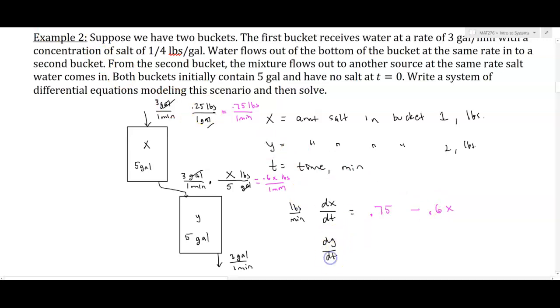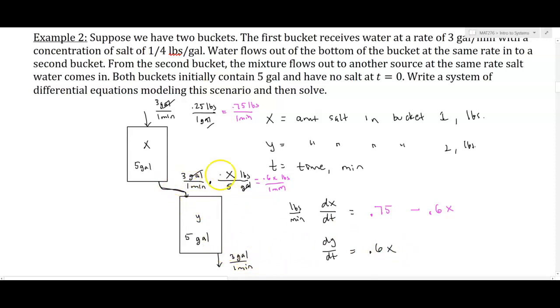For dy dt, we're going to do a similar analysis. What's coming in to the second bucket is actually exactly what is coming out of the first bucket. So this arrow here comes out of bucket 1 and enters bucket 2. So the inflow is the outflow of bucket 1, and that's going to be a positive 0.6x because 0.6x is coming in to the second bucket.